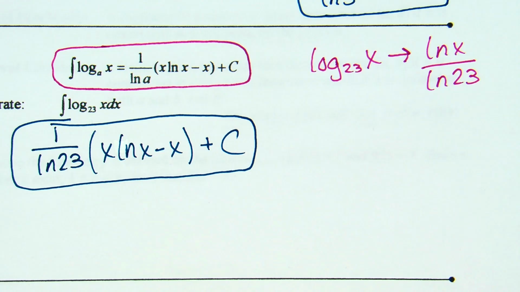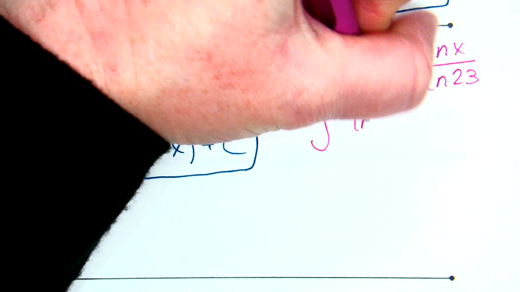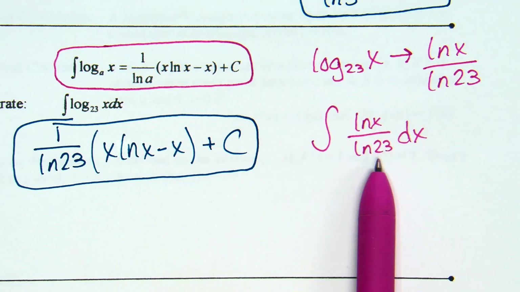But I want to show you real quick, what if I had integrated natural log of x over natural log of 23 dx? Well, natural log of 23 is a constant. So a constant can be pulled out front, right? And we can pull it out front in the denominator.